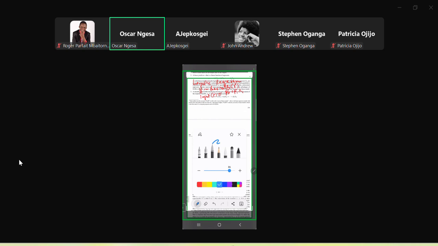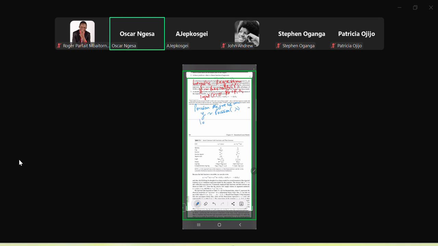Then we have Poisson regression, which is Y follows Poisson with parameter lambda, then log of lambda is equal to beta naught plus beta 1 x1.